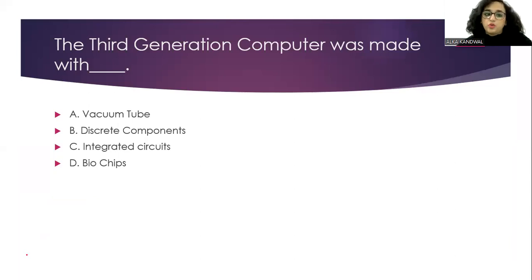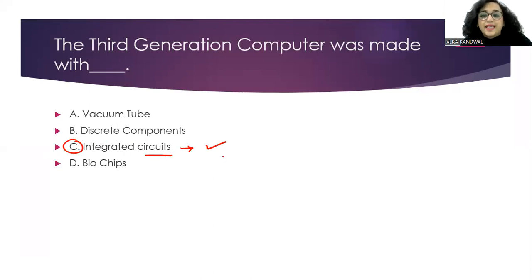Is it vacuum tube, discrete components, integrated circuit or biochip? The answer is option C, that is integrated circuit. We know about the vacuum tubes in the first generation, transistors, then the integrated circuit, then the fourth generation using the microprocessor, and the fifth one using artificial intelligence. So yes, the third generation uses integrated circuit.